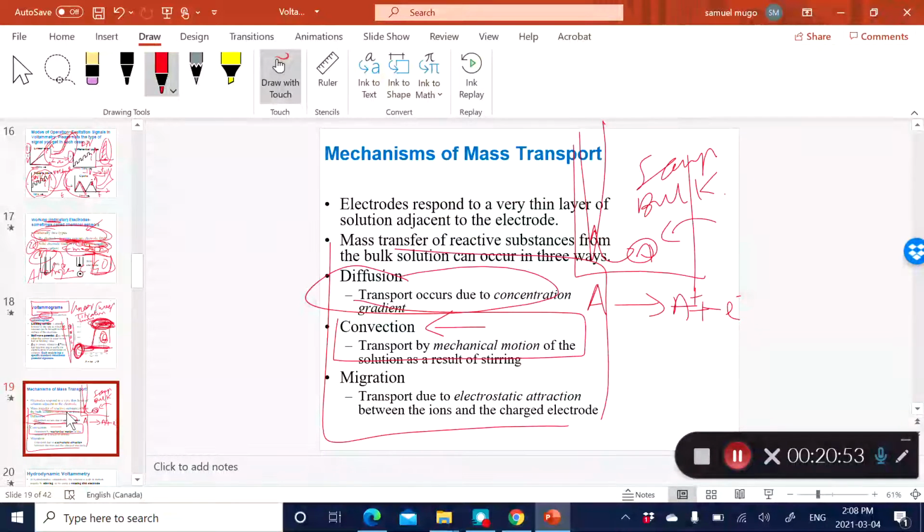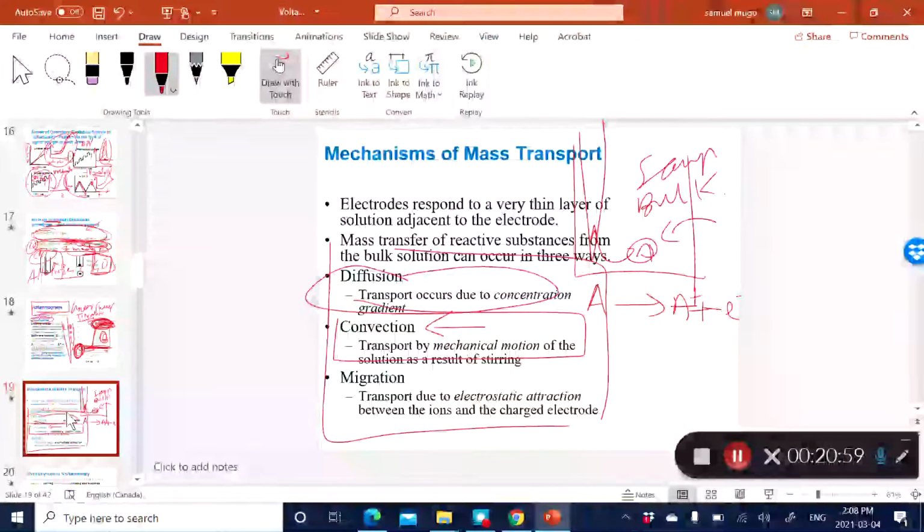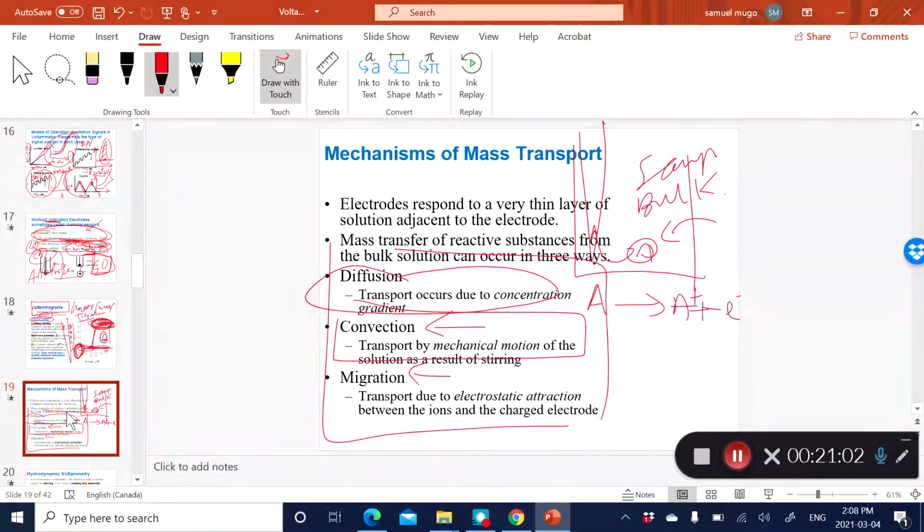And that is convection. Now, another type of migration, which is not actually desirable, but it's always there, is what you refer to as migration due to electrostatic attraction. As I said before, the electrode is going to be polarized, probably positively charged if you apply a positive potential.